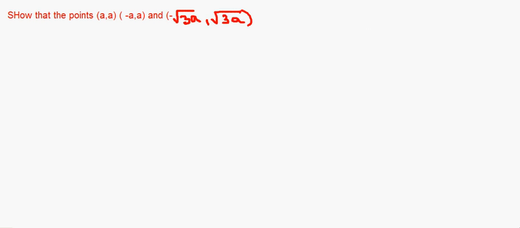They are the vertices of an equilateral triangle. Also it says find its area. Herein we'll simply discuss how to go for this question without actually calculating it.